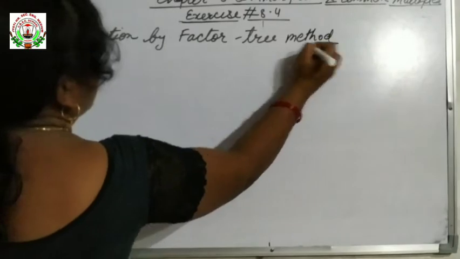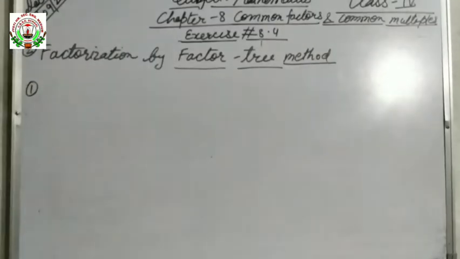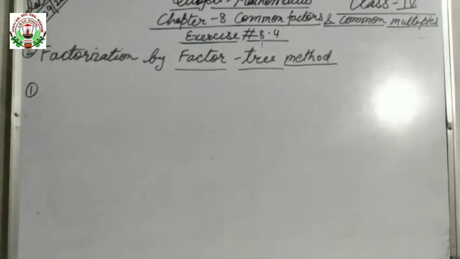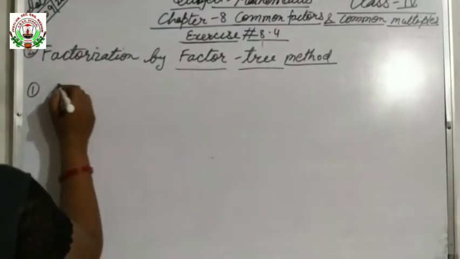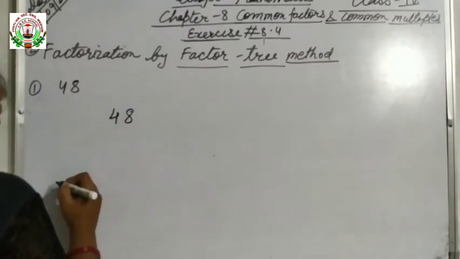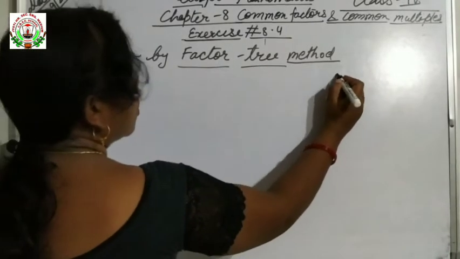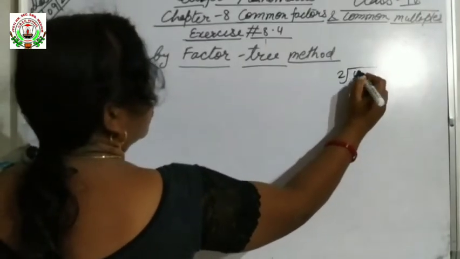In this factor tree method, suppose the question is 48. First you will write this number 48. Now it is an even number, so the smallest prime number is 2. You will divide it by 2.